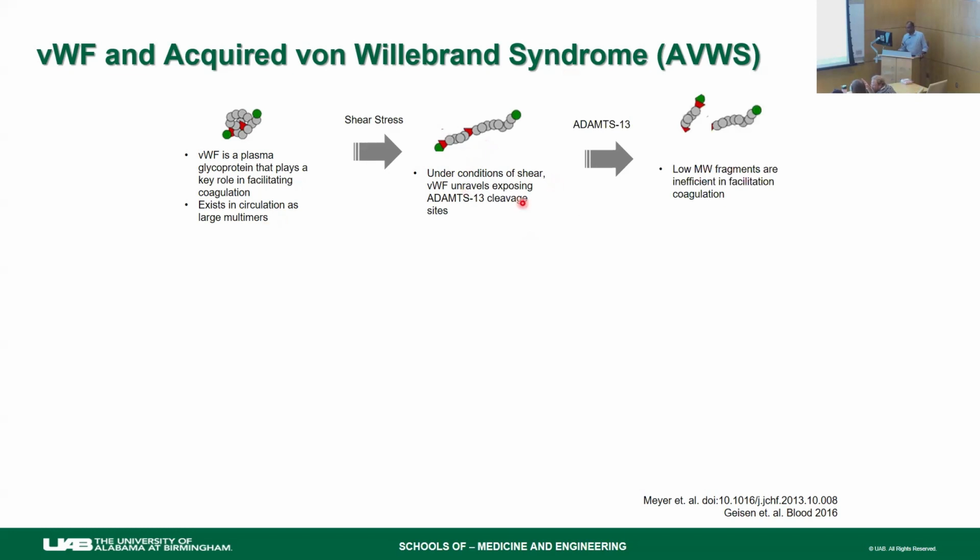ADAMTS13 is a metalloprotease that's available in circulation, binds to those cleavage sites, and cleaves this into low molecular weight fragments. This mechanism is really for when you have an injury and you've started the coagulation cascade, to prevent excessive coagulation. When the von Willebrand factor attaches to those sites, it gets unraveled and cleaved into low molecular weight fragments that don't block blood flow.